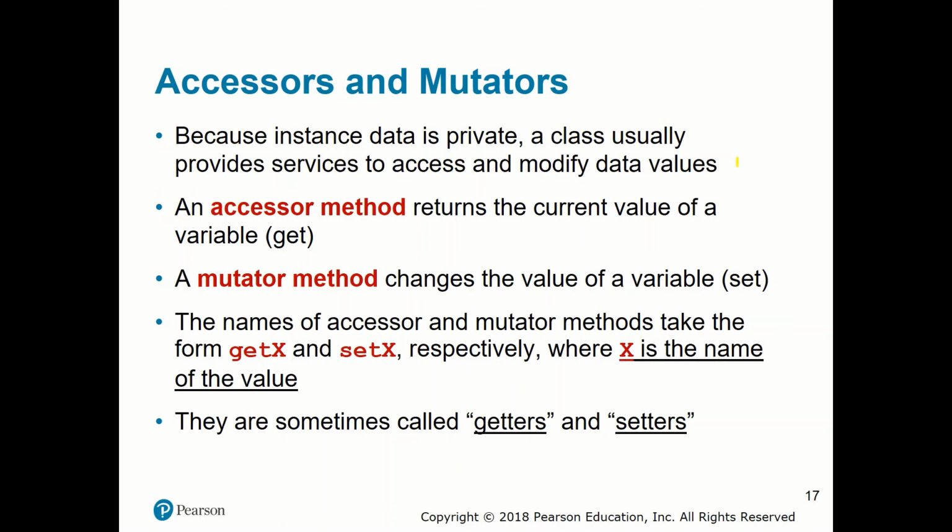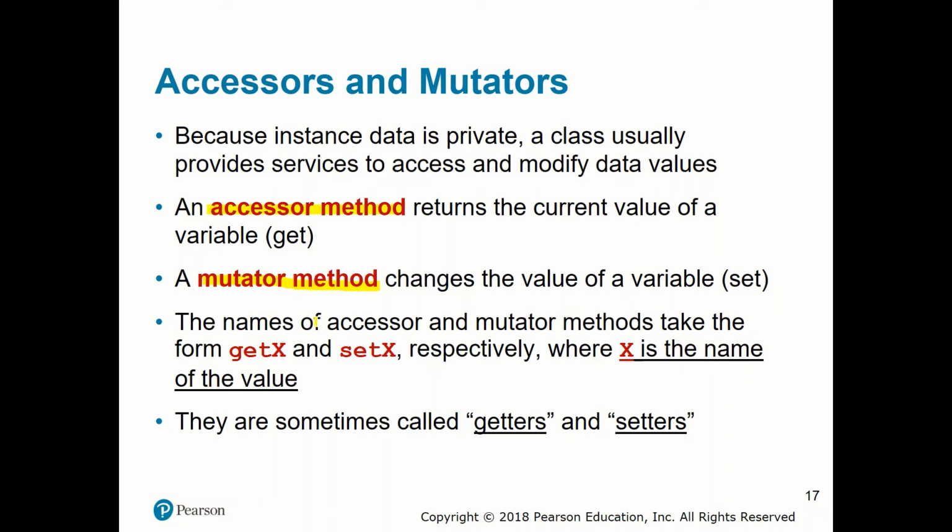I will explain accessors and mutators. Because instance data is private, a class usually provides services to access and modify data values. An accessor method returns the current value of a variable, to get the value. A mutator method changes the value of a variable, so it sets the value.